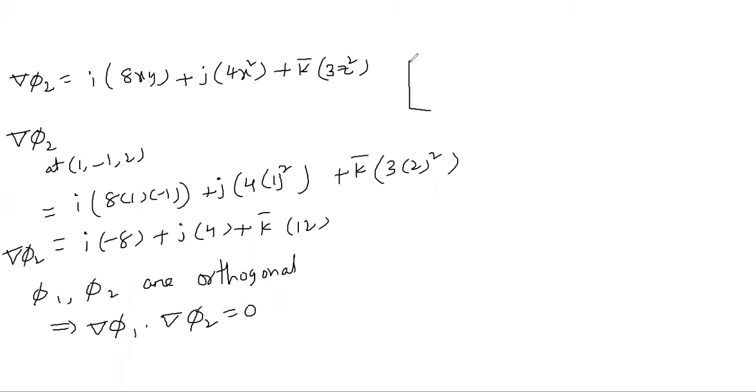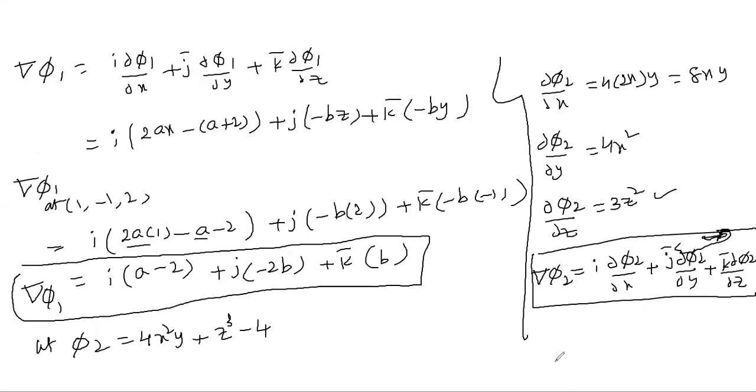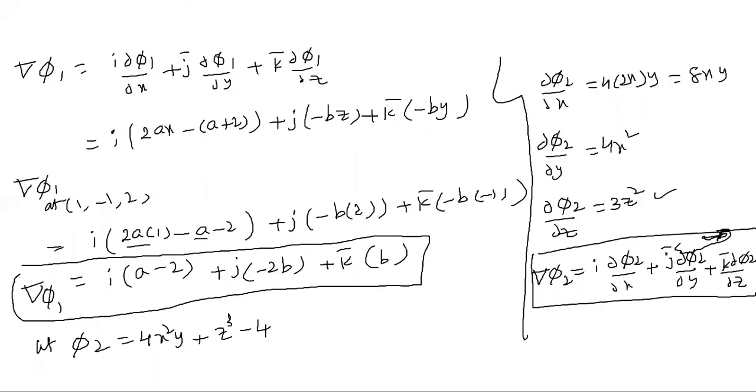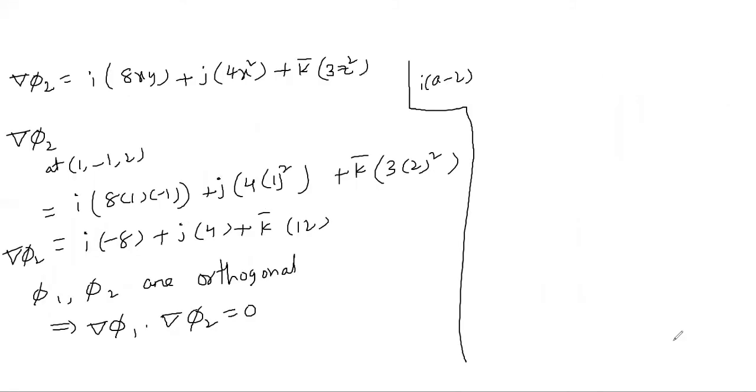So now when you come to the dot product, first one, what is del pi 1? Del pi 1, what you got here? i into a minus 2, next plus j into minus 2b.